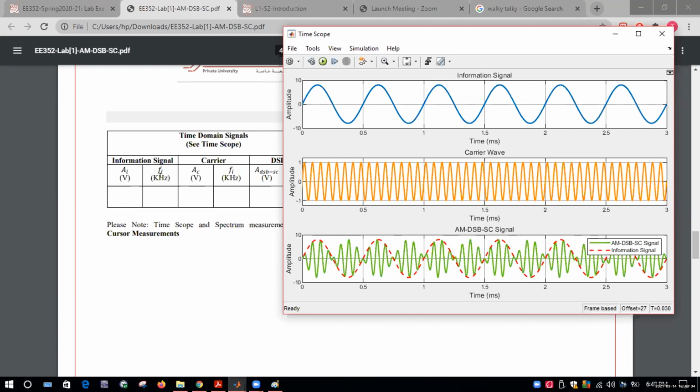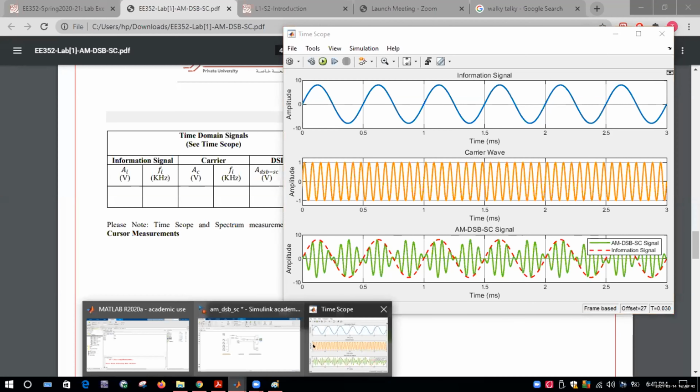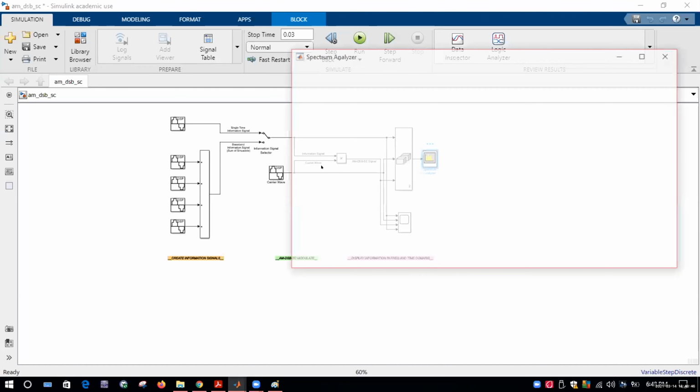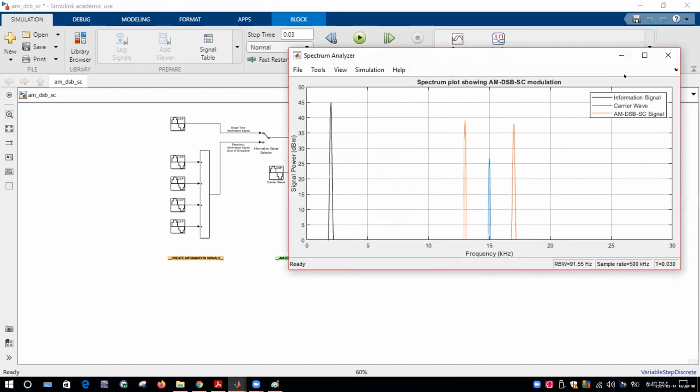And what is the frequency of the information signal? How do we get it? You remember this one? Exactly, it's 2 kilohertz. You remember this one? How much is it? Maybe 3? No, it's 2. You need to measure tools and this one.